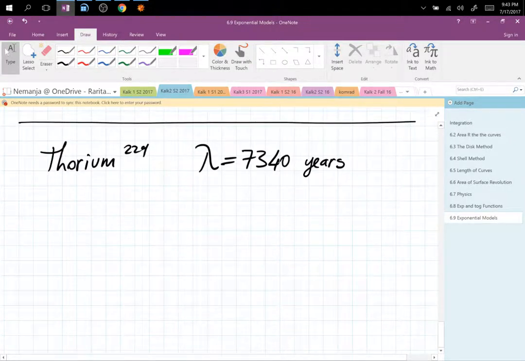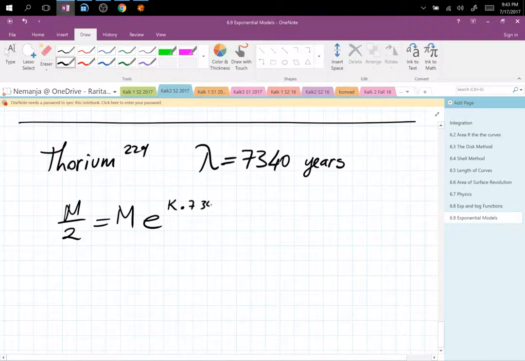All right. So we are going to first compute K. So we know that half of the amount of thorium applied in the toothpaste will be gone when we reach the half-life of 7,340 years.